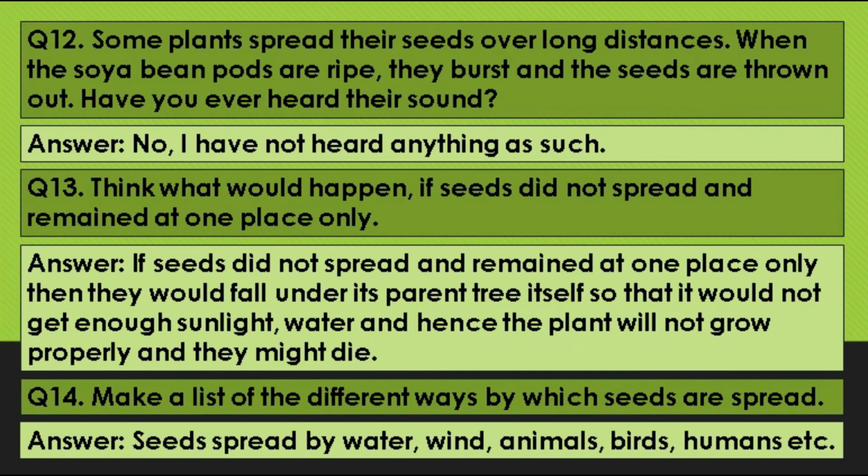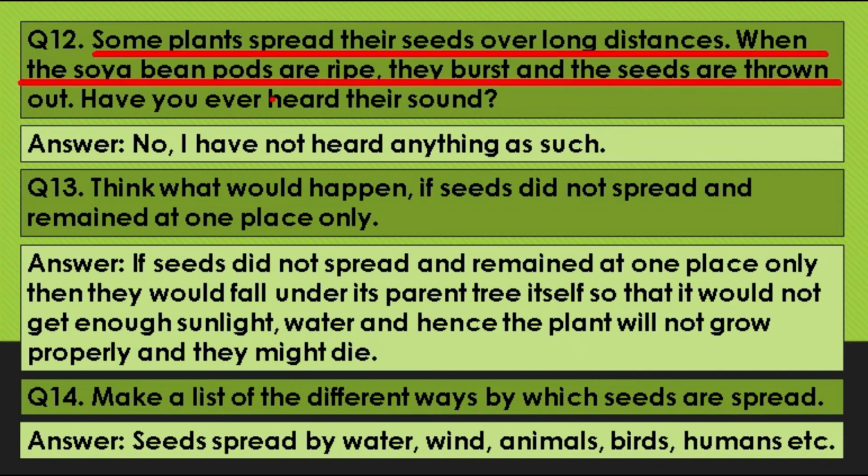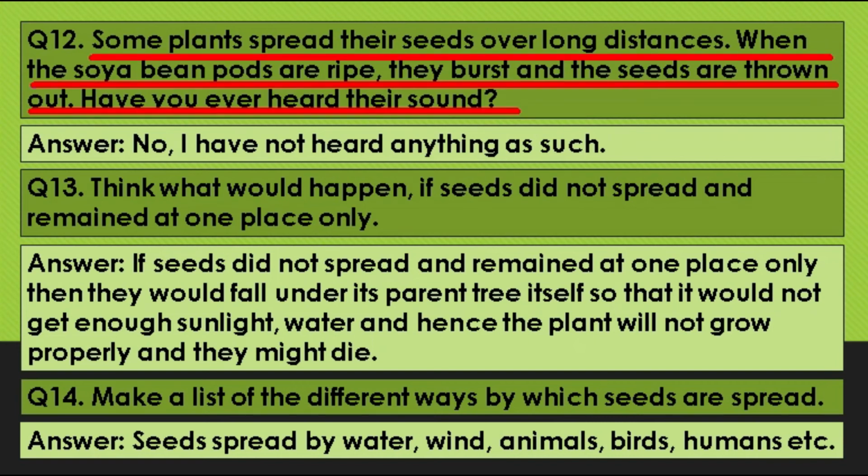Now students, the next question is that some plants spread their seeds over long distances. When the soya bean pods are ripe, they burst and the seeds are thrown out. Have you ever heard their sound? Now students, as we discussed, some seeds spread over long distances, for example, soya bean seeds.